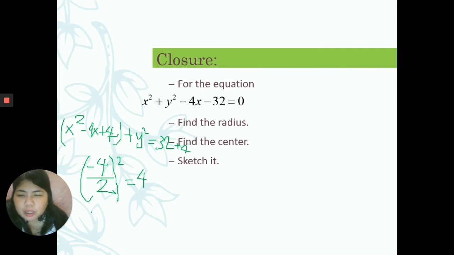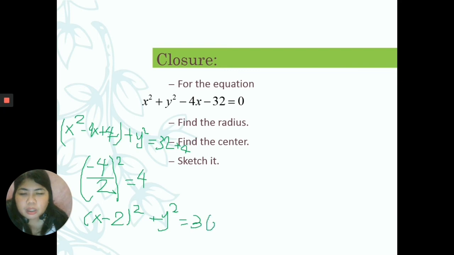You will now get the square root of x squared, that would be x, and then the middle sign negative, and the square root of 4 is 2, then square it, and then y squared. It's easier than the first one because you don't need to complete the square for y. Then add 32 plus 4, that would be 36.